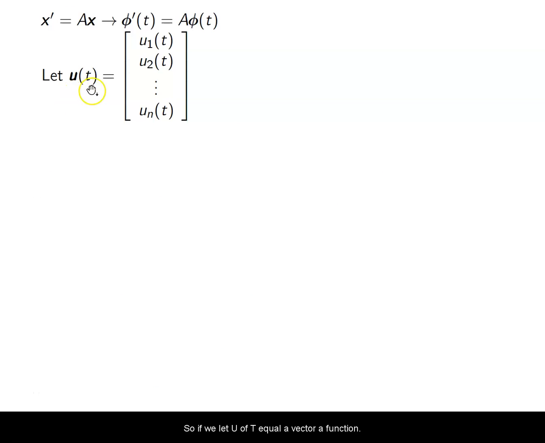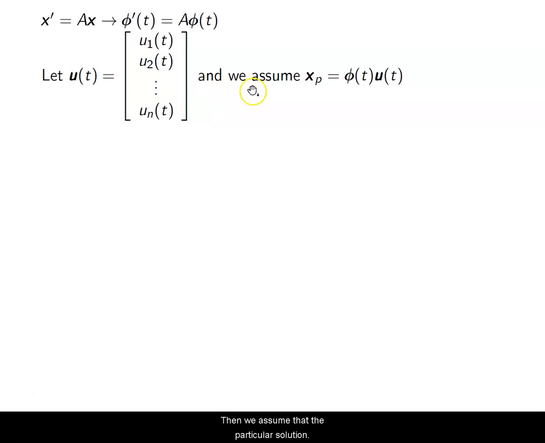Okay, so if we let u of t equal a vector of functions, then we assume that the particular solution is a product of this fundamental matrix and this vector of functions, right? So again, we're following the variation of parameters method that we had from our single higher order DEs, okay?